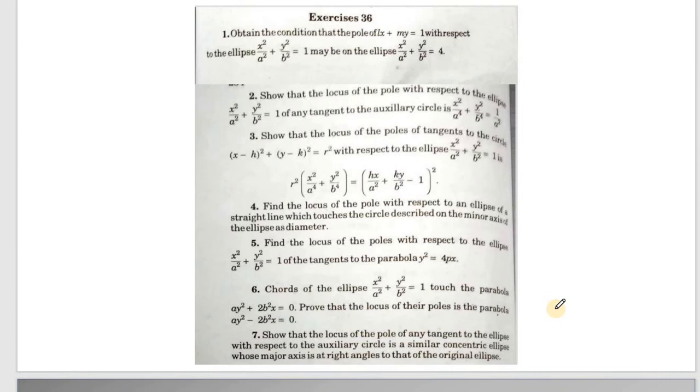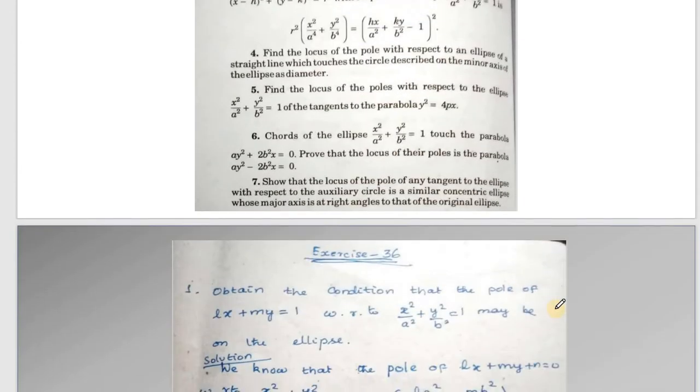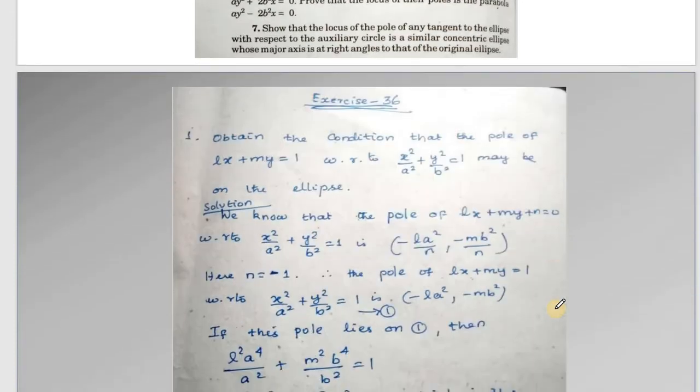So some 7 problems that we have in this exercise 36. The first one is to obtain the condition that the pole of this with respect to this may be on the ellipse. So for a general ellipse, x square by a square plus y square by b square is equal to 1, we know that minus La square by n and minus Lb square by n are the coordinates of the pole.